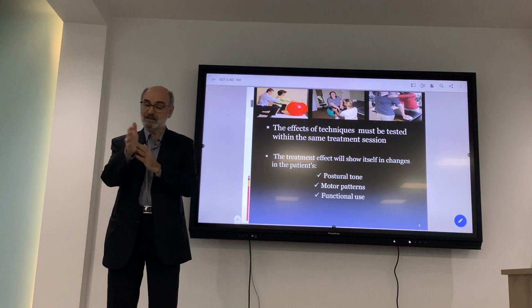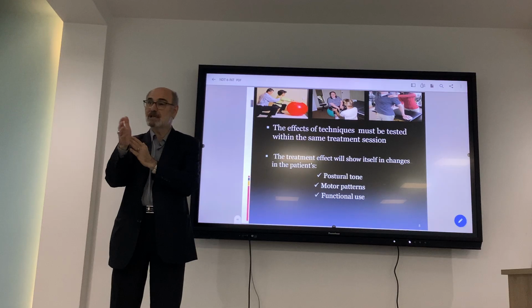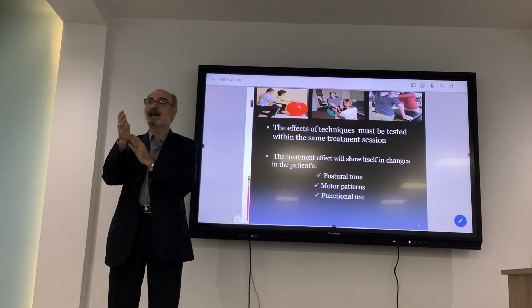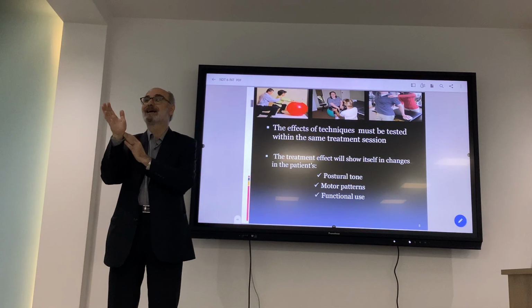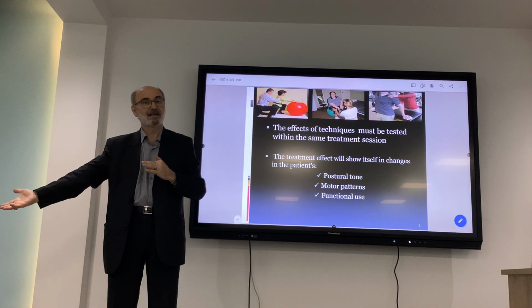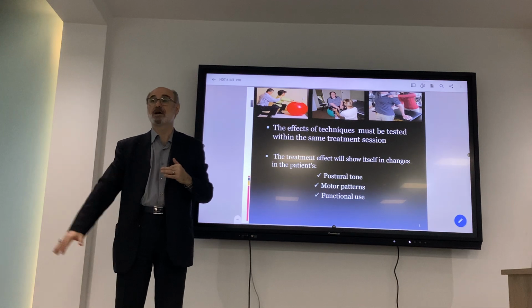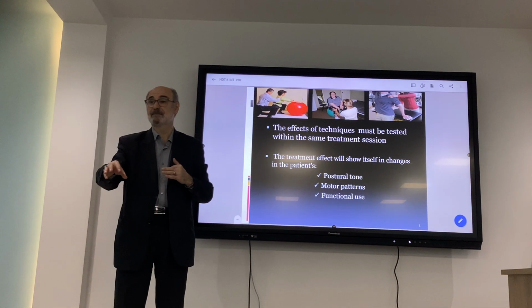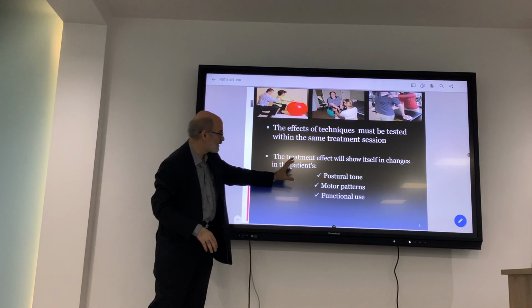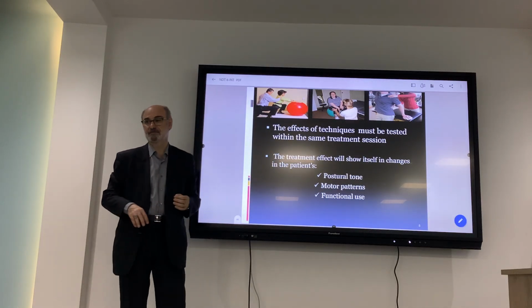All right, now independently and selectively and voluntarily, I can extend and flex the wrist joint. I can extend the elbow joint. Now I can abduct the arm. I can flex the shoulder. In this way, you can evaluate the effectiveness of your treatment.